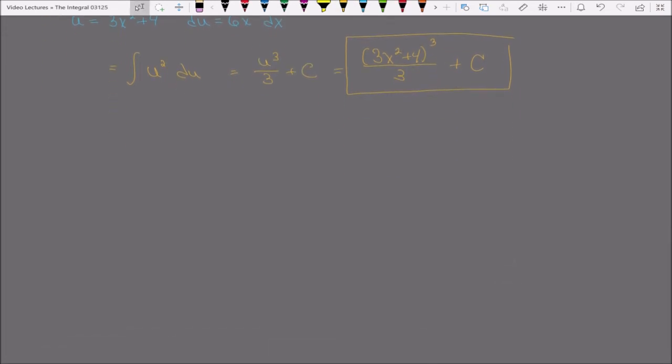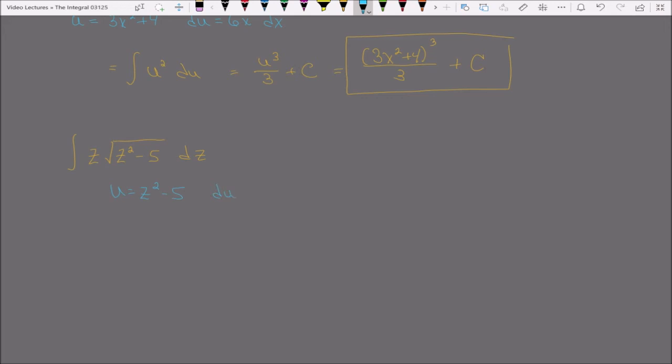Next, let's take a look at the antiderivative of z times the square root of z squared minus 5. Well, we would say that u is z squared minus 5.